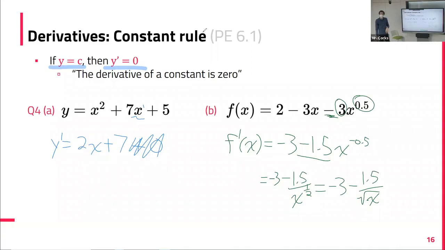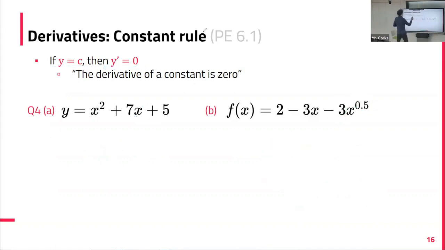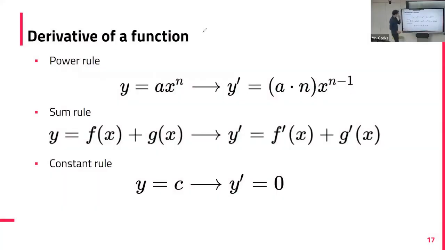Okay. So there is our constant rule. That's our third rule. That's all we're going to need. There are a lot more derivative rules, product rule, quotient rule, chain rule, all kinds of stuff. We will be able to get a lot done just with these three rules, so we're going to focus on these for our purposes in this class.